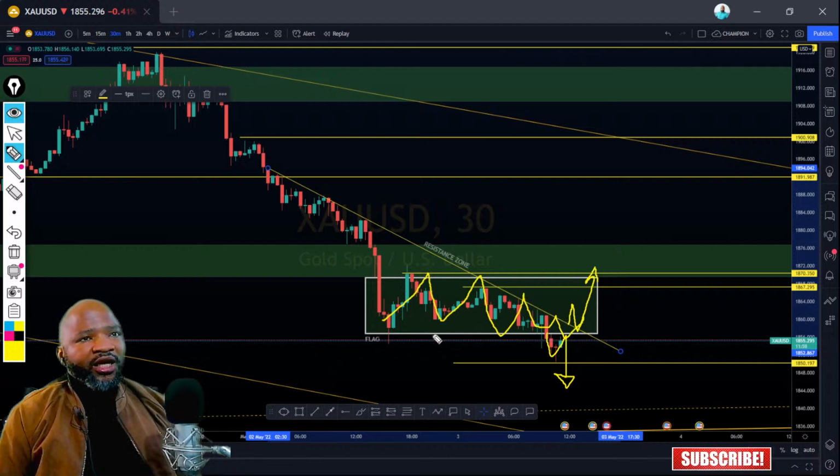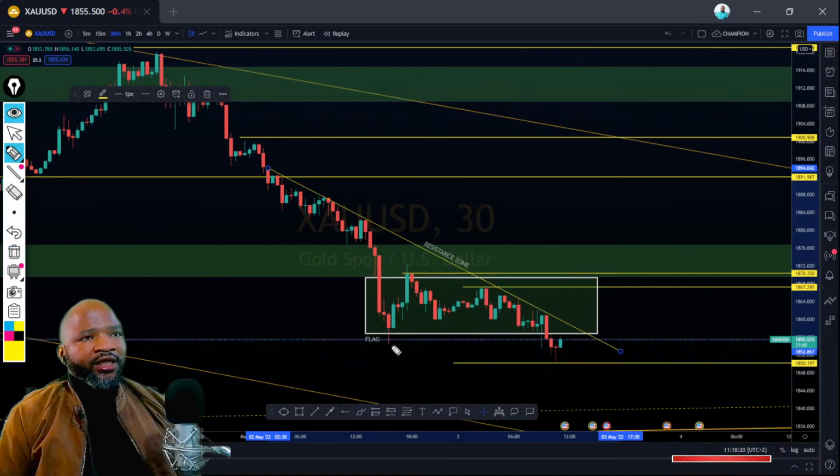But one thing that I see is that our price was presenting, what do you call it, a descending triangle. So if the descending triangle is broken, you can see this, it's broken and now it's retesting.